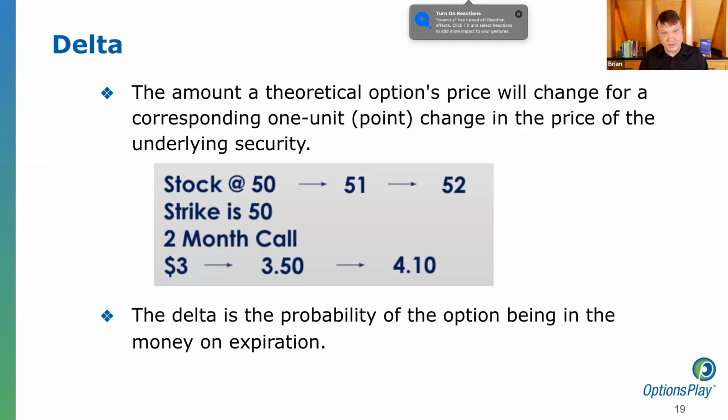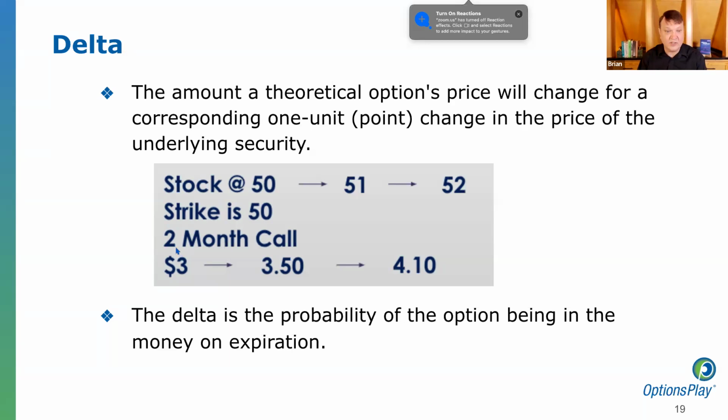Now here's another trade-off to time decay, and a benefit of buying a shorter term option as opposed to a longer term option. Delta can be a benefit of buying a shorter term option.